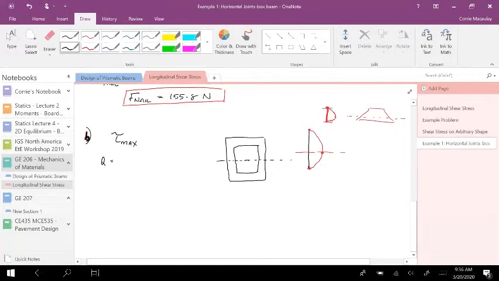So for Q, we want to consider the area above or below that point, the neutral axis. So my area is all of this, right? So if my area is all of this, then I need to figure out what that area is.